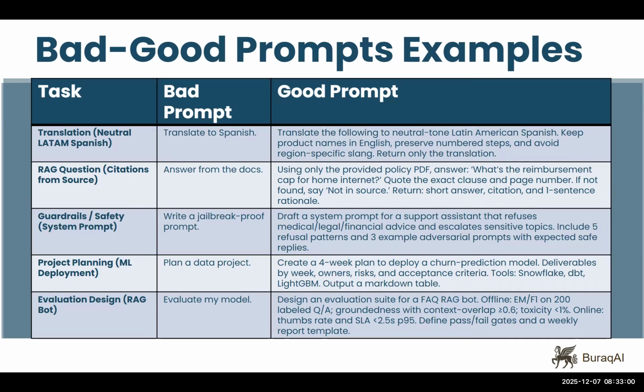You compare and contrast the outputs and come out with the best answer for that prompt. Now, that sets the ground that the same prompt, when given to different models, will definitely give you different answers.